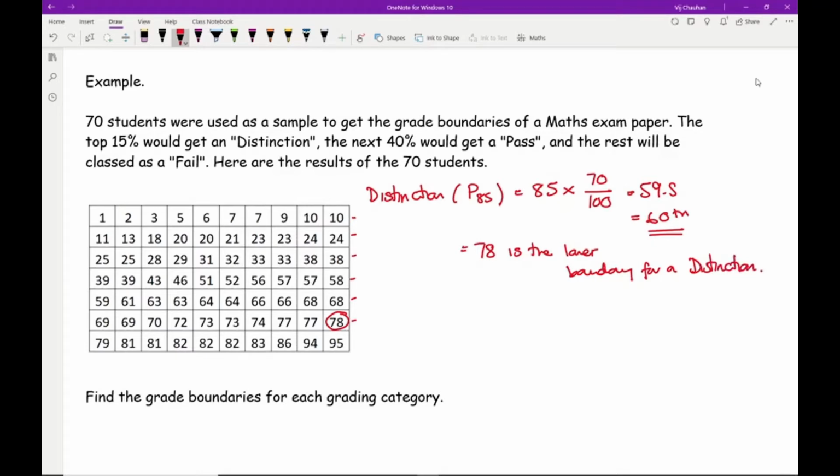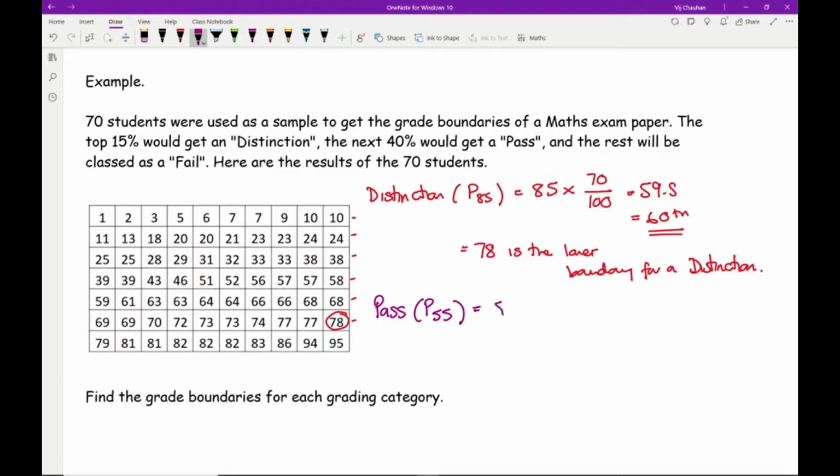Now the next 40%, so that would be the 55th percentile. So here we're looking for the next 40. So for a pass, we're looking for P to be 55%.